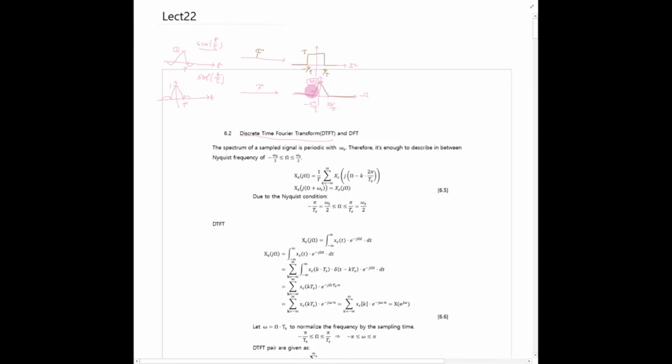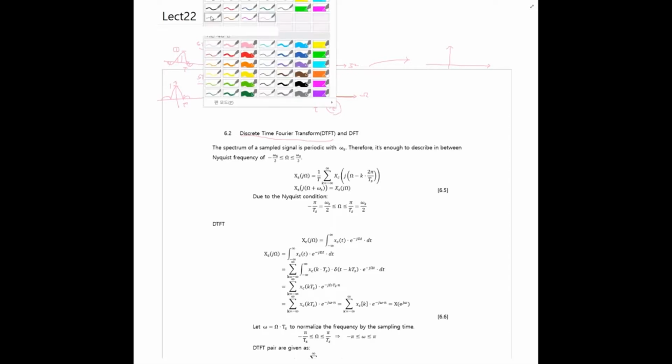When we consider a band limited signal, in the sinc square case, this one is the maximum frequency that can be allowed, and in the sinc case it is pi over tau. This is the maximum frequency component. When we take samples, it means that we make samples of this one this way. By sampling, in the spectral domain, it looks like a repeated version, like that.